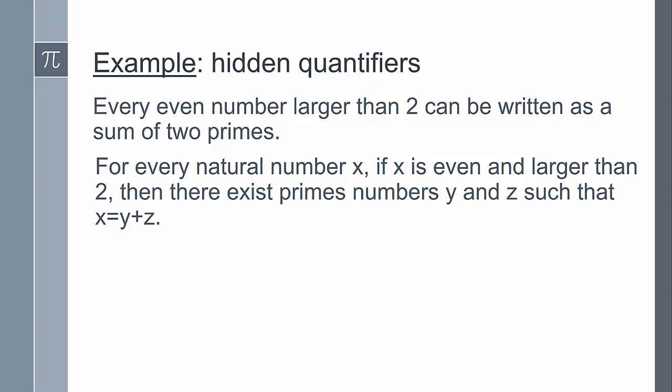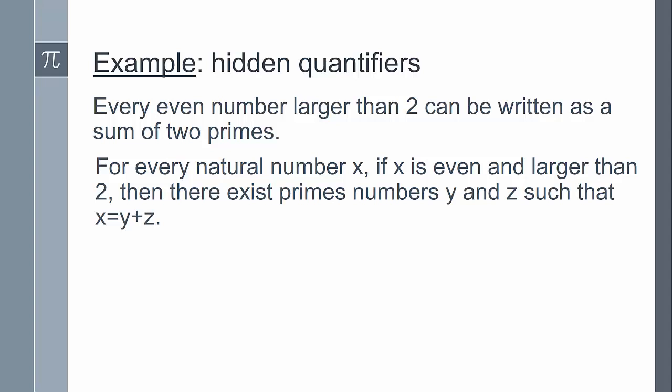So we're talking about every natural number x. I'm putting a variable in so I can have a quantifier and make precise statements about equality. For every natural number x, if x is even and larger than 2, then there exist prime numbers y and z such that x equals y plus z.